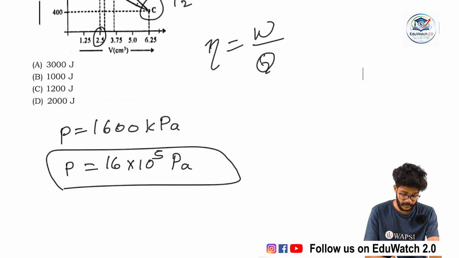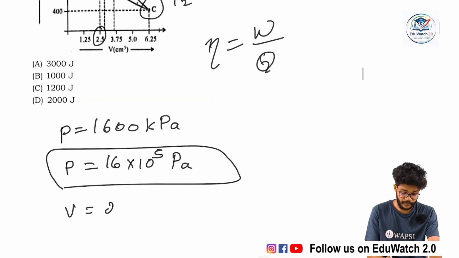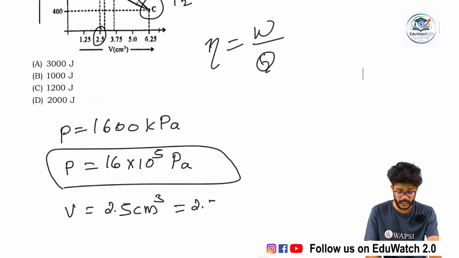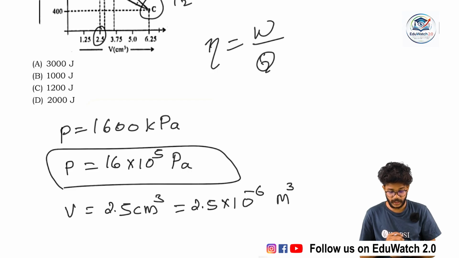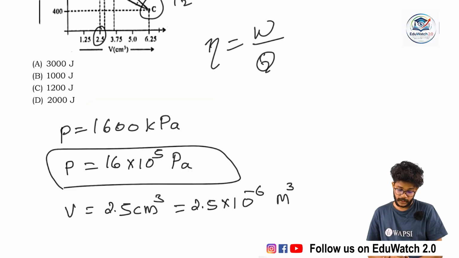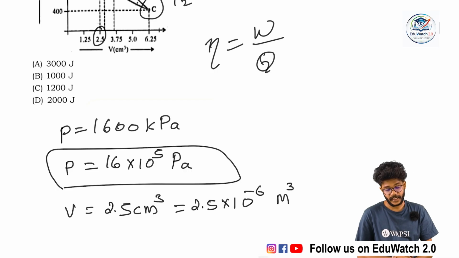So volume is equal to 2.5 into 10 raised to minus 6 meter cube. Correct? 10 raised to 5 into 10 raised to minus 6 is 10 raised to minus 1, and 2.5 into 16 is 32 plus 8, which is 40.